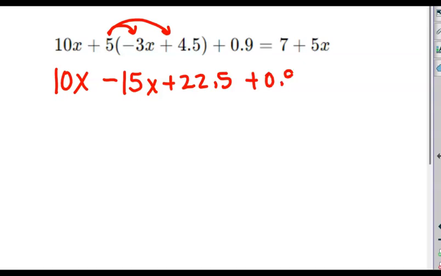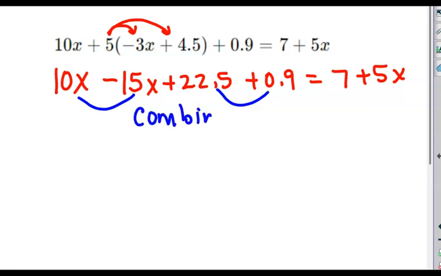Then I'm going to recopy everything else in the equation. Now my left-hand side is pretty long. I have 2 variable terms and I have 2 constant terms. So I'm going to combine these terms together by using the operation that I see in between them. So I've got 10x's minus 15x's, which will give me negative 5x. And I have 22.5 plus 0.9.